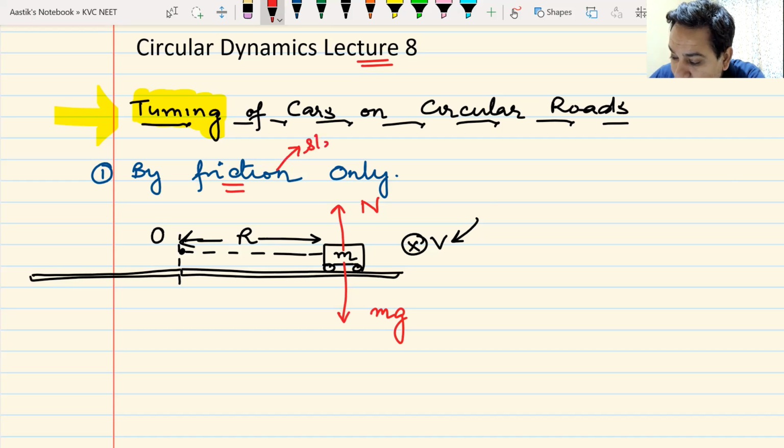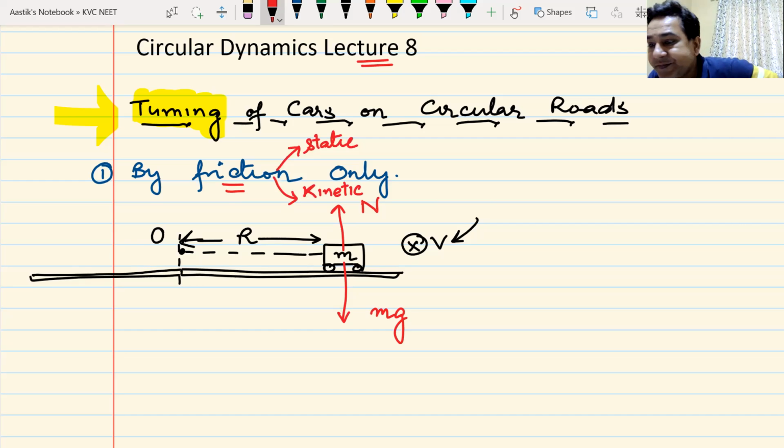Remember, I don't want the car to slip. If the car slips, voila, no one can stop it. Or is the friction kinetic? Which type of friction will make this car turn on the track? To turn on the track, will it be static friction or will it be kinetic friction?